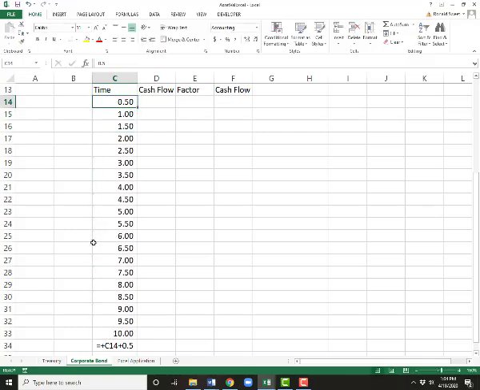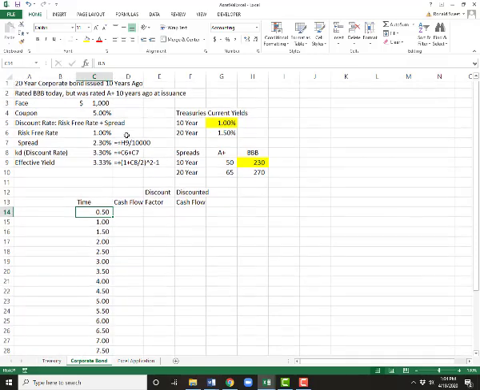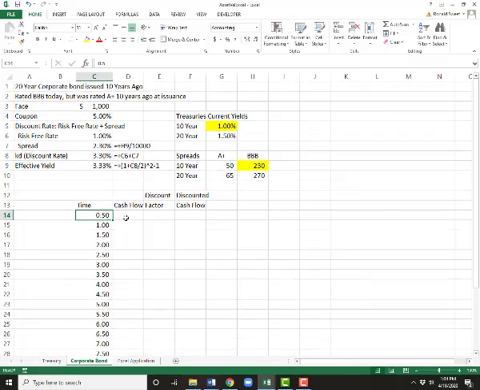It's going to be hard for me to show you all of this, so hopefully it's not going to get too small so you can't see it. I'll hide some rows here in a little bit so you can see everything. Then our cash flow, remember, is the face amount times the coupon divided by 2.